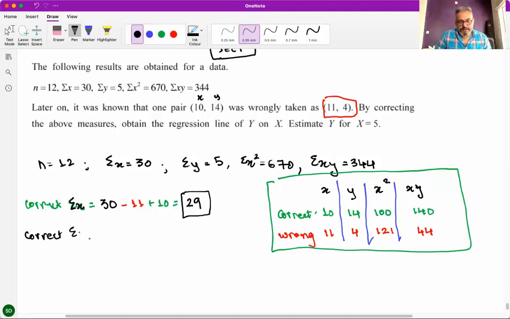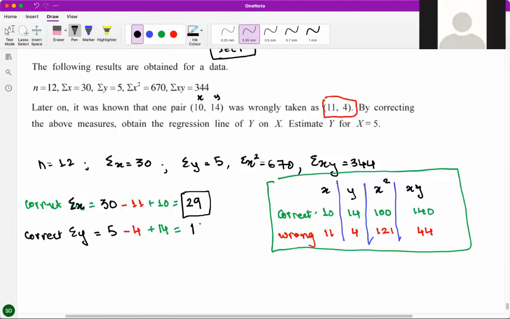Correct sigma y is equal to 5 minus wrong observation 4, plus correct, which is 14, which is equal to 5 minus 4 plus 14, 15.